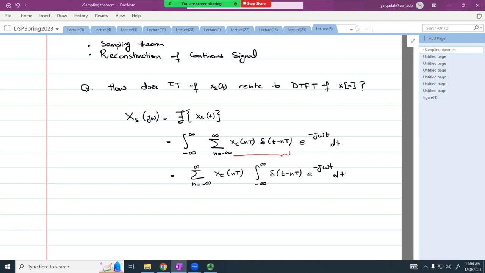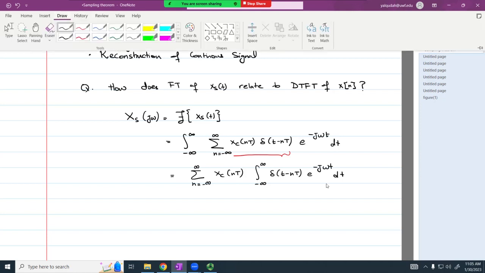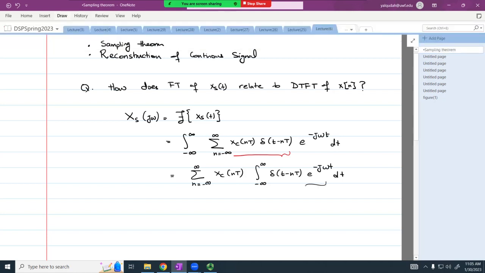Now what is this equal to? What is the integration of delta(t − nT) multiplied by e^(−jωt) dt equal to? Anybody remembers? Without looking it up? Shifting theorem, shifting property.